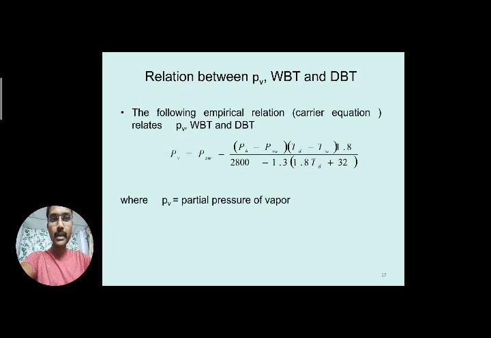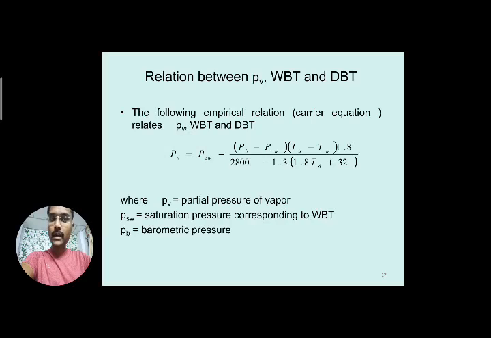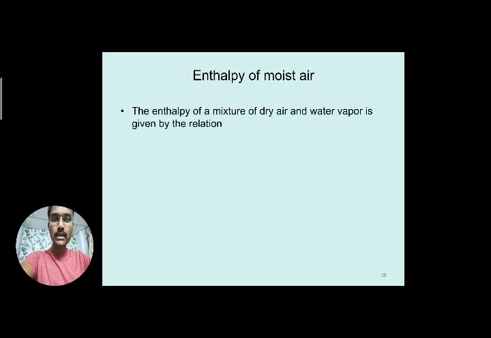Here PV is the partial pressure of vapor, PSW is the saturation pressure corresponding to wet bulb temperature, PB is the barometric pressure, TD is the dry bulb temperature and TW is the wet bulb temperature in degree centigrade. That is the Carrier equation. Please try to remember it.